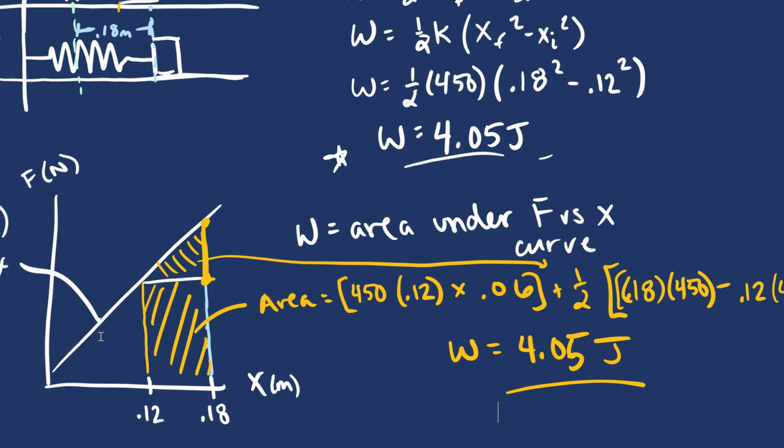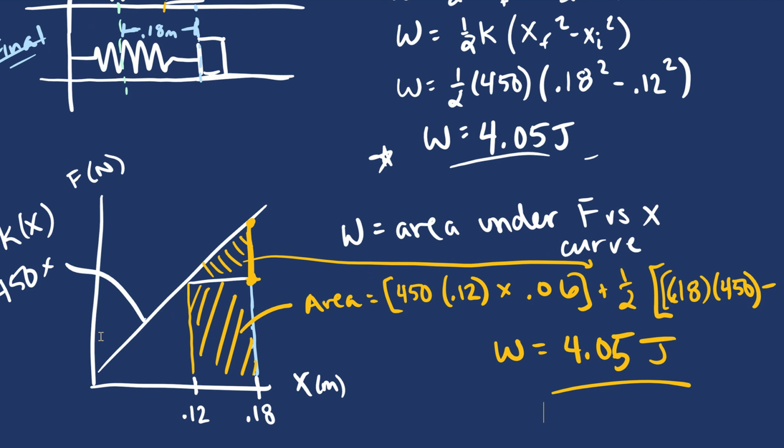So we are able to do it graphically because we know what the graph looks like. The force of the spring over the displacement, F versus x, is going to be a straight line with a slope of 450. And then we can solve for the area by adding the area of this rectangle to the area of this triangle. And that's what we did with all these numbers.